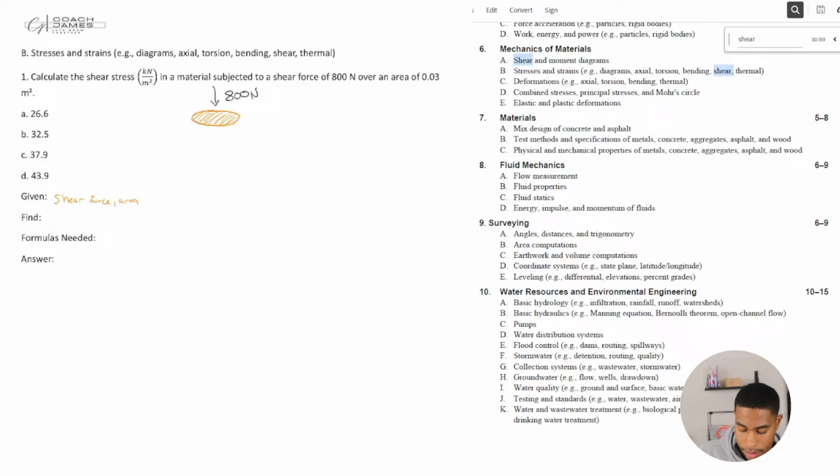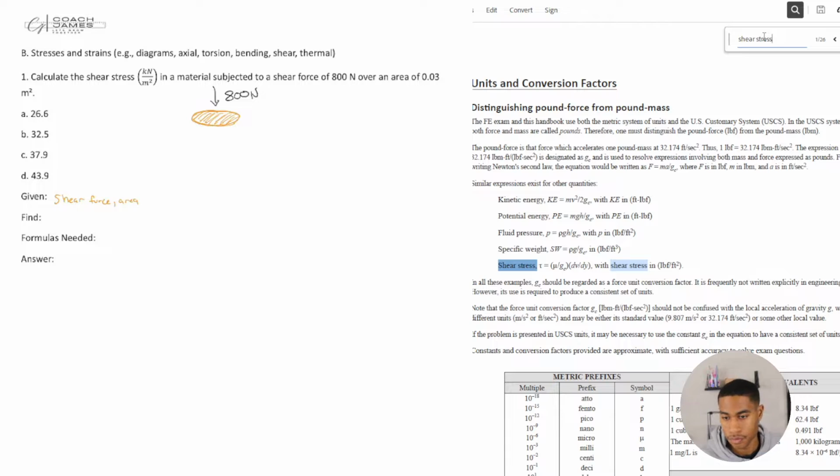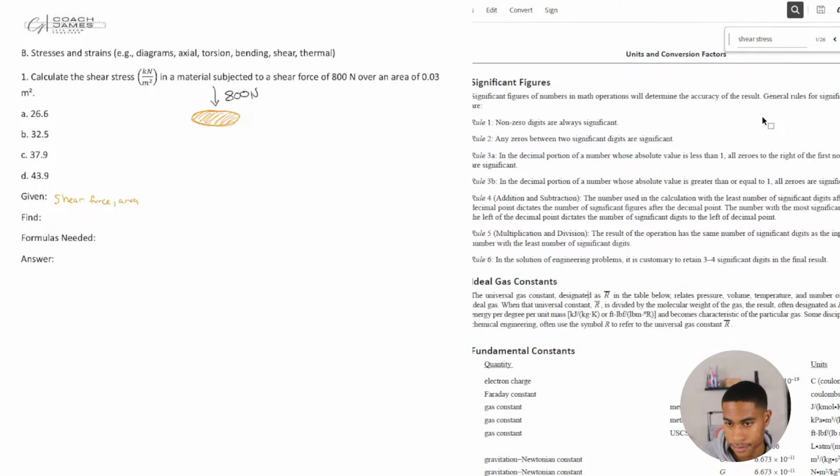So I'm going to look up shear stress, since that's what we're trying to find. All right, shear stress is denoted as that weird T, but I don't know if that formula is really going to help me out.